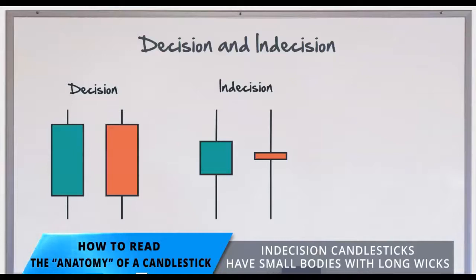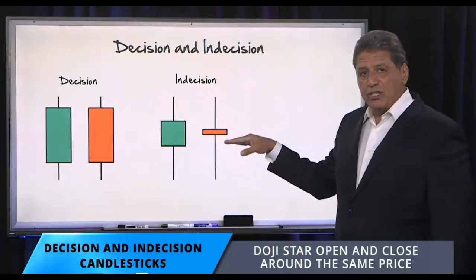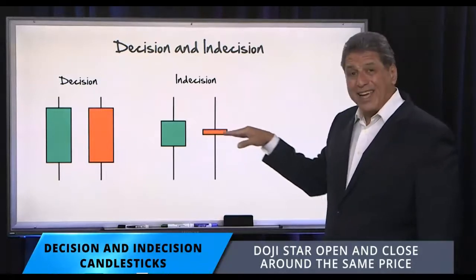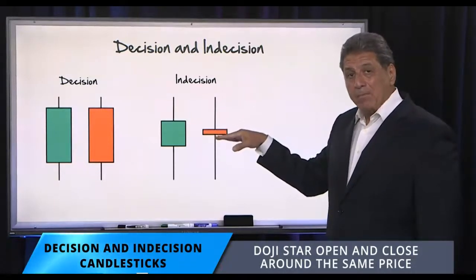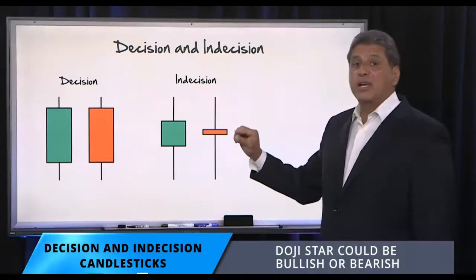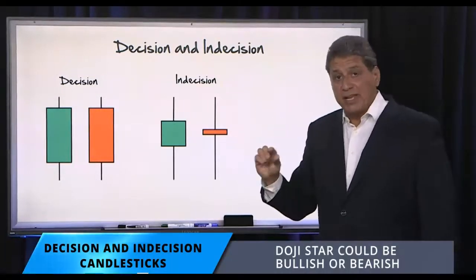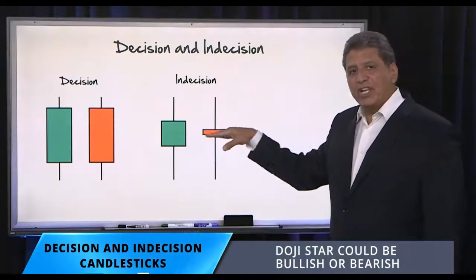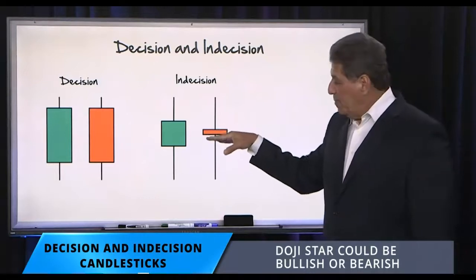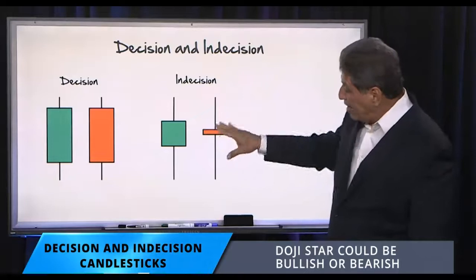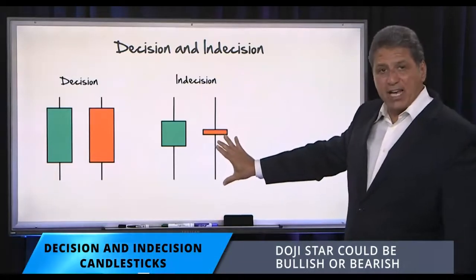This is called a doji star. Now, many times these doji stars open and close at the same price. But sometimes you'll have a small bearish body, and sometimes you'll have a small bullish body. This can be bullish or bearish. But see, prices open very close to where they close, and at one time the bears had control, and this was a full-bodied bearish candle at one time.